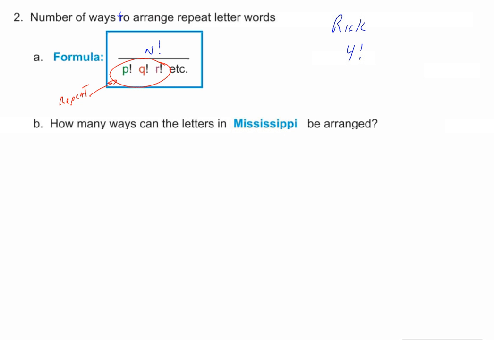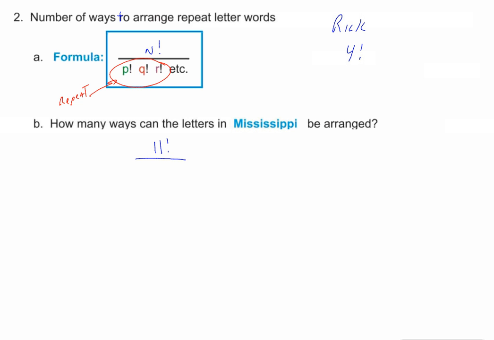I always like to do Mississippi, because everybody knows how to spell Mississippi, right? Even I can, who am not a very good speller, because we learned it. It's memorized. So how many letters are there? 1, 2, 3, 4, 5, 6, 7, 8, 9, 10, 11 letters. So n is 11. So it's 11 factorial.